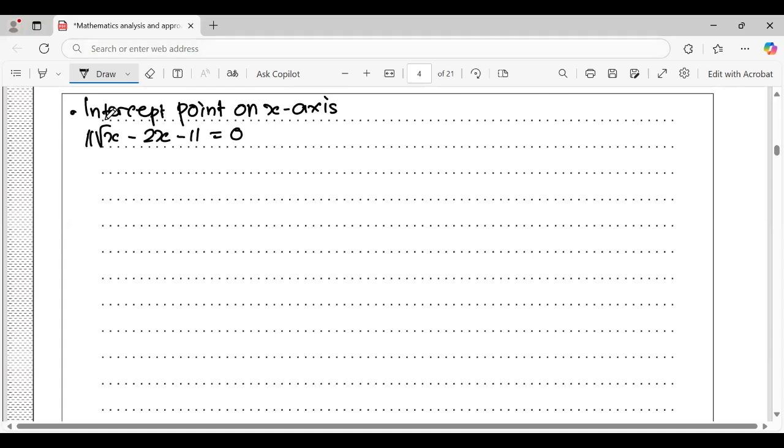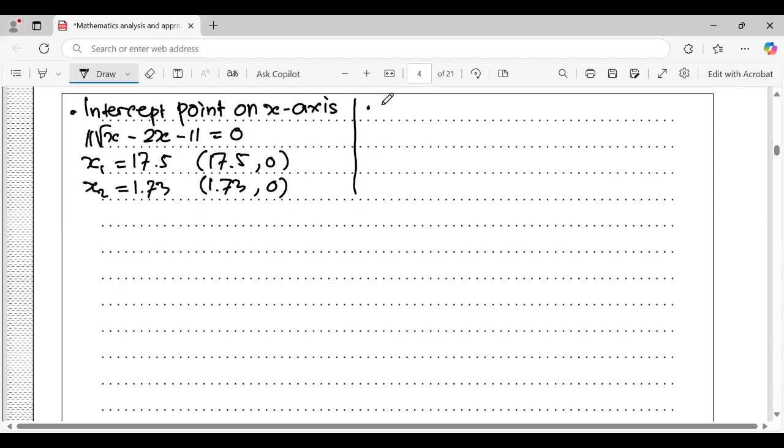According to our calculations in the previous part, x1 equals 17.5, so the coordinate point is 17.5, 0, and x2 equals 1.73, so the coordinate point is 1.73, 0.